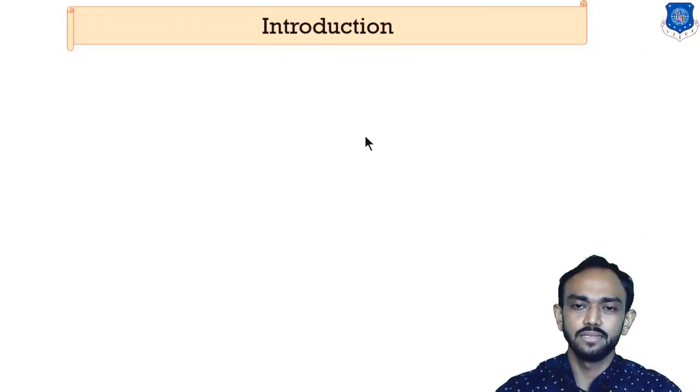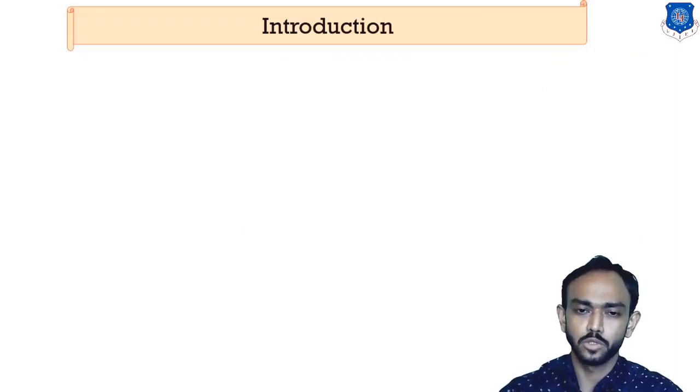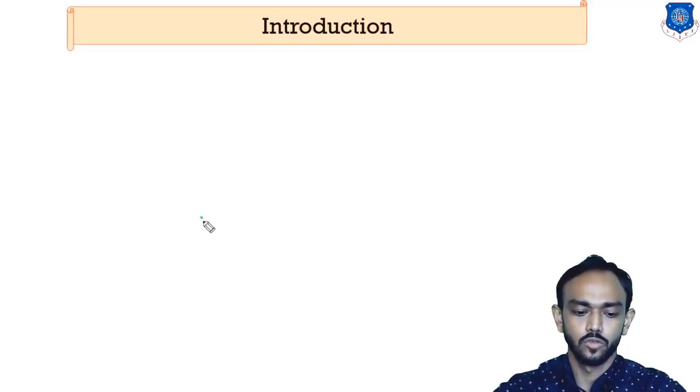Before starting this topic, we have to understand the types of motion in an element. First of all, if I give a point here, there is a point or center of a crank, and if the crank is rotating, the rotation can be a complete revolution or a partial rotation.